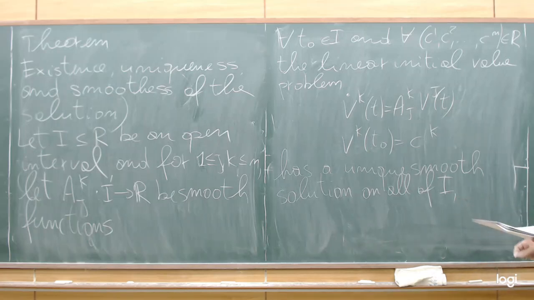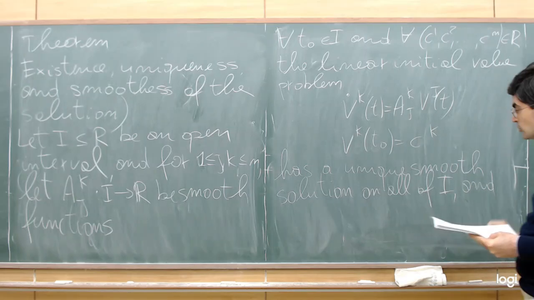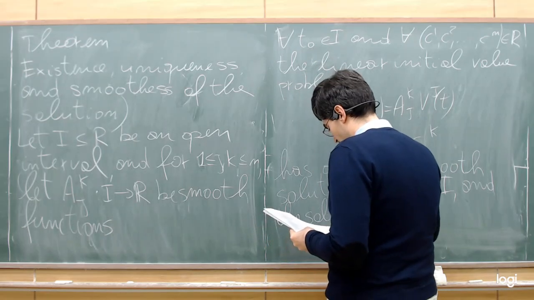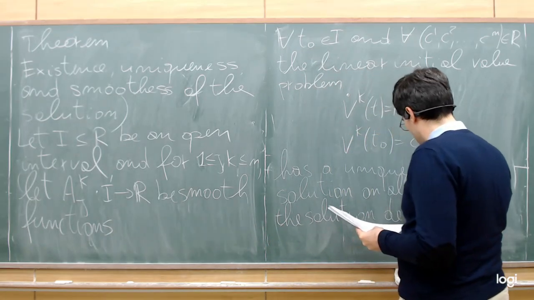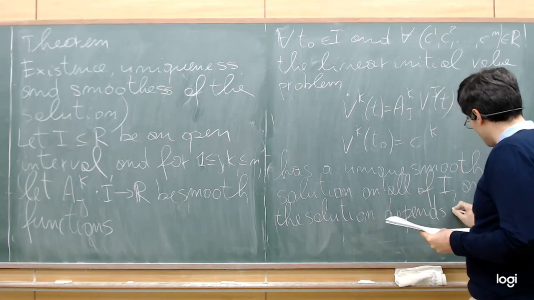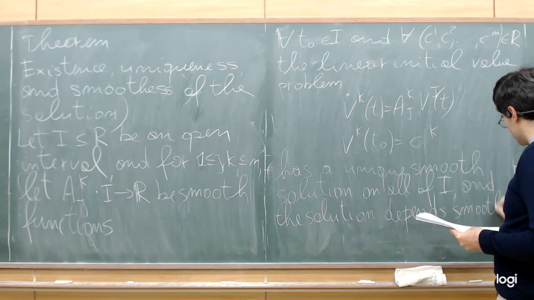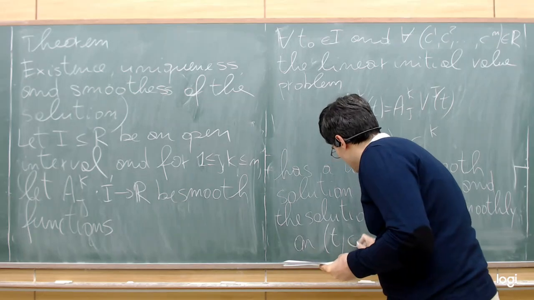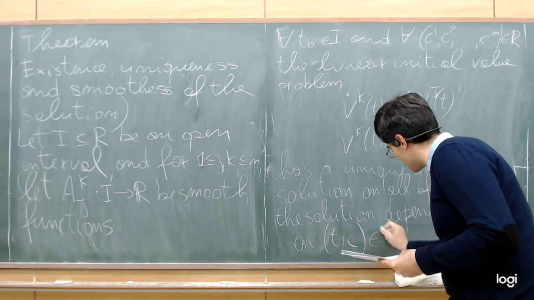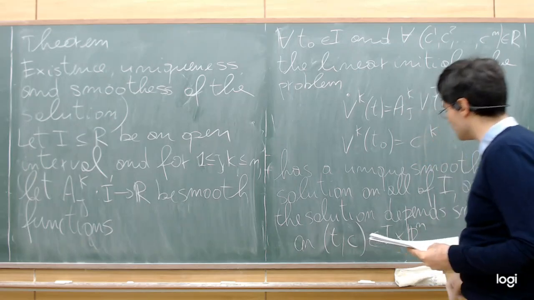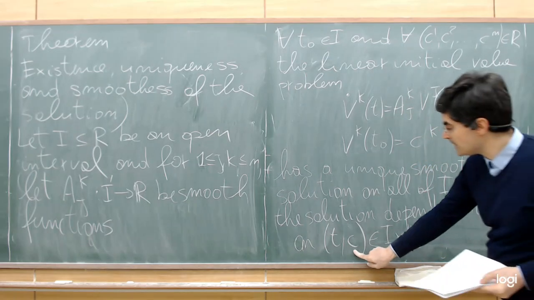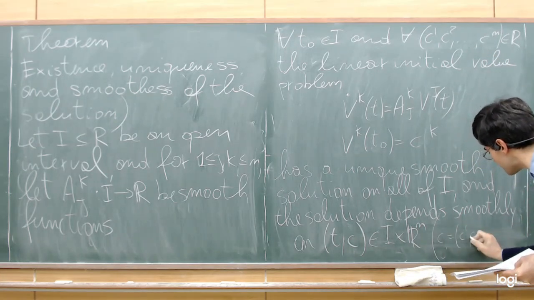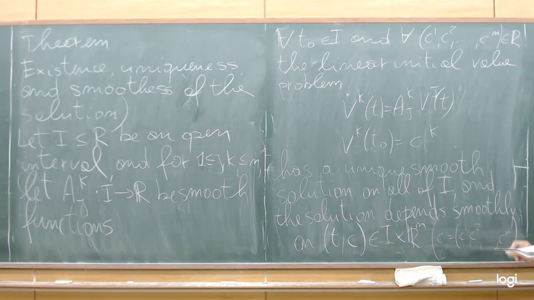The novelty is that the solution depends smoothly on (t, C) in I times R^n, where C denotes this vector here, C equal C1, C2, ..., Cn.